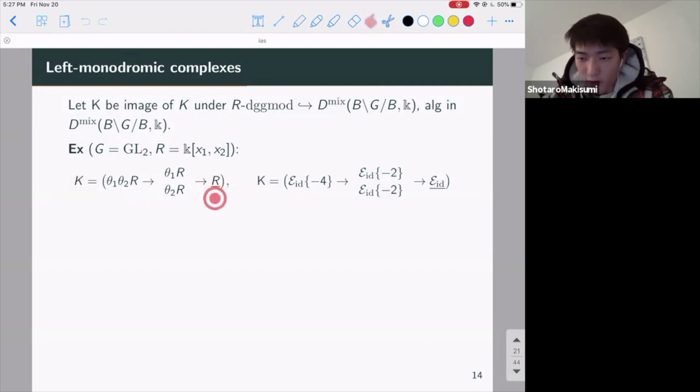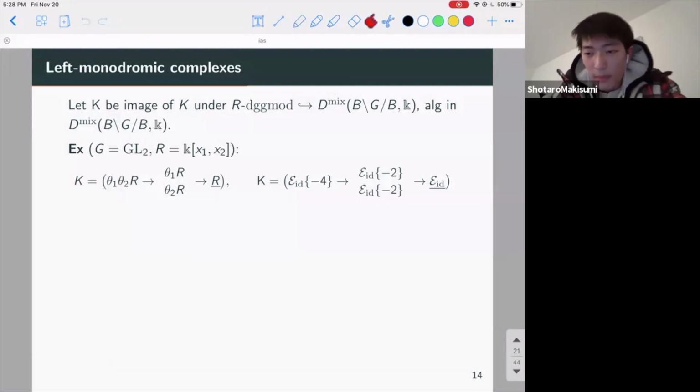So this resolves the trivial module k, where x1 and x2 act by 0, by free R modules. So you have these odd variables, theta 1 and theta 2 showing up. And K is not just a resolution, it has the structure of a DGA.